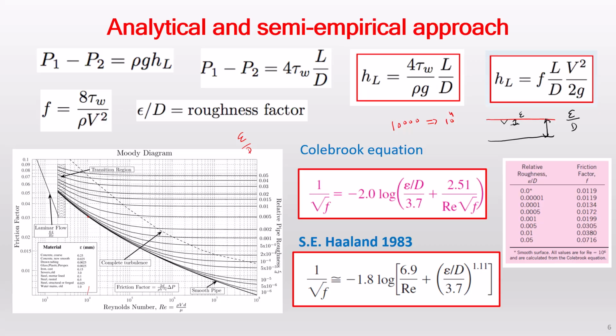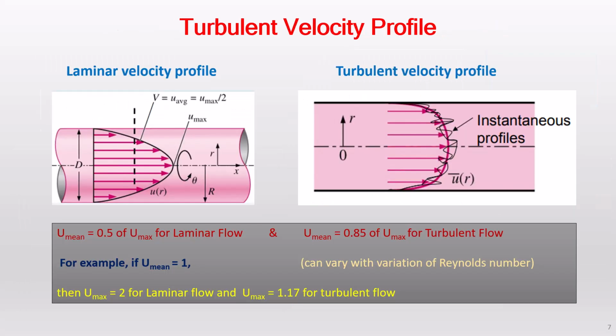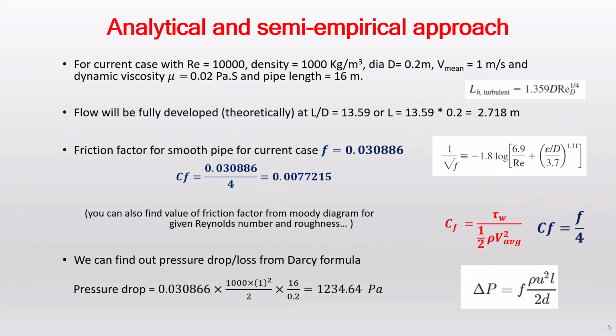If you take a look here, the value of the friction factor for a smooth pipe with Reynolds number equal to 10,000 is around 0.032. The same value is given here. This is exactly the value taken from the correlation.